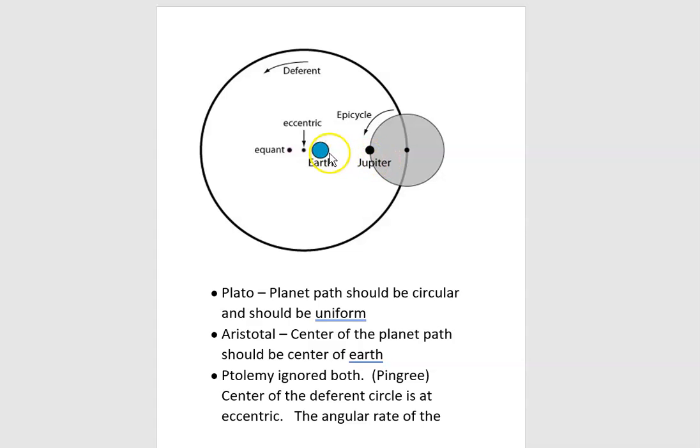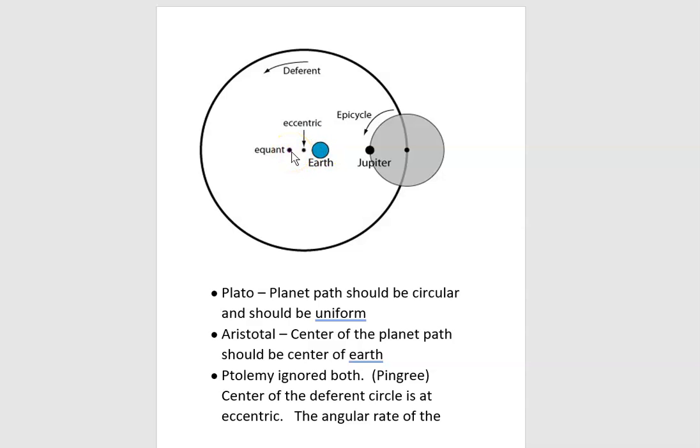So now the center of the epicycle goes around the center of the eccentric, and the Earth is here. And then he added another thing called equant. And the distance from the equant to the eccentric and from the eccentric to the Earth is the same.